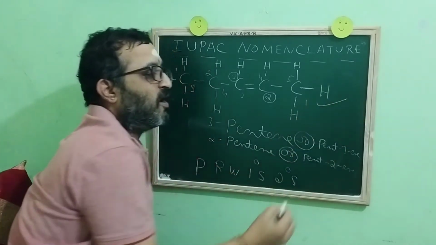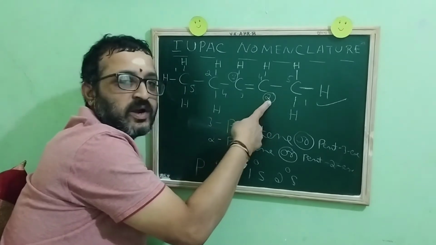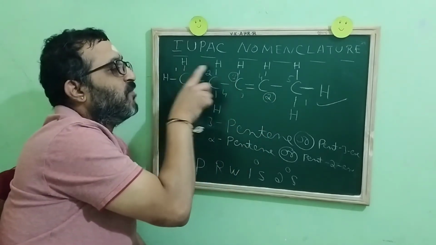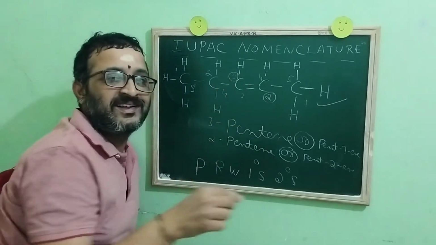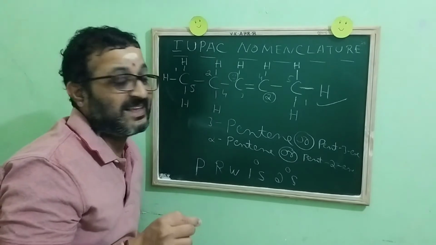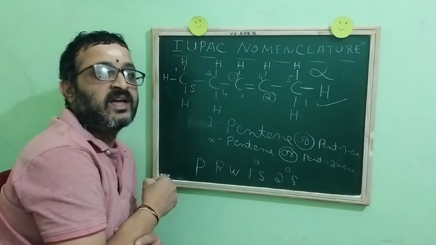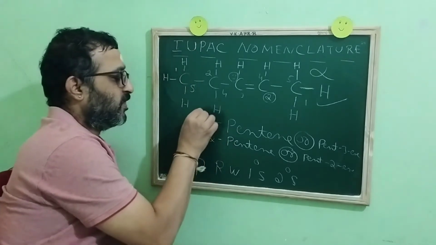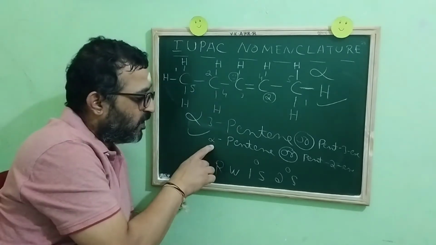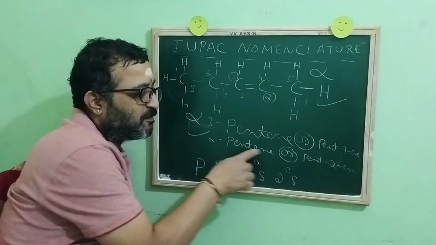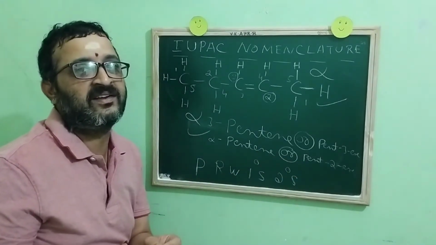Obviously, on numbering from right to left, the carbon to which double bond is attached is getting what? 2, and from left to right, it is getting what? 3. So out of 2 and 3, 2 is the least. So this way of numbering is right and this way of numbering is what? Wrong. So the correct name of the compound is 2-pentene or pent-2-ene. Clear, children?